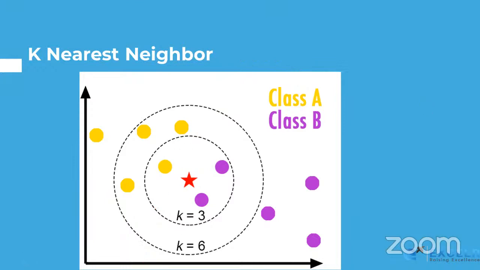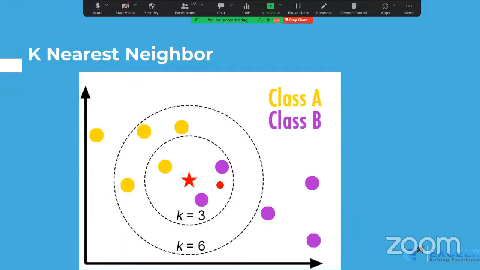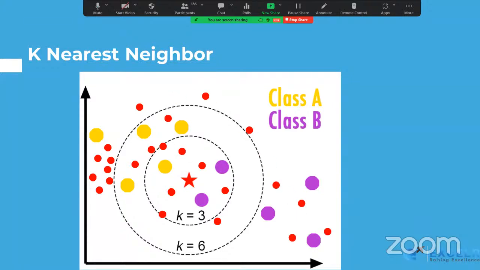Let's take a few more classes like this. I have some classes here and there, and I have clustered data somewhere like this, and some more classes like this. So imagine I have data like this, and my query data is going to be this one.